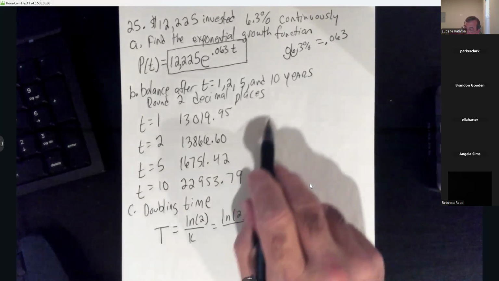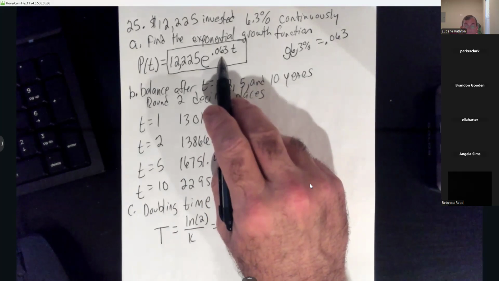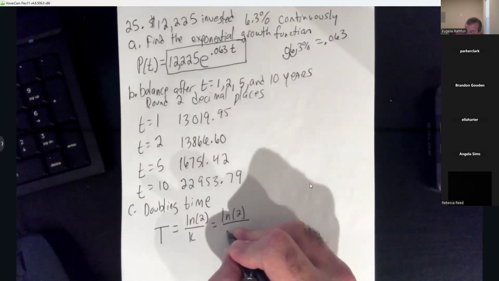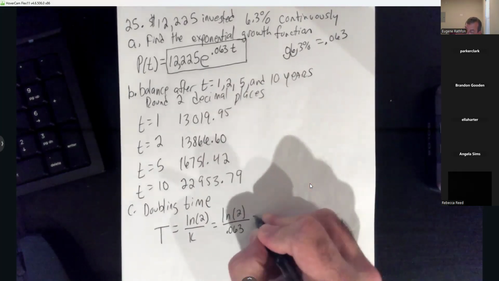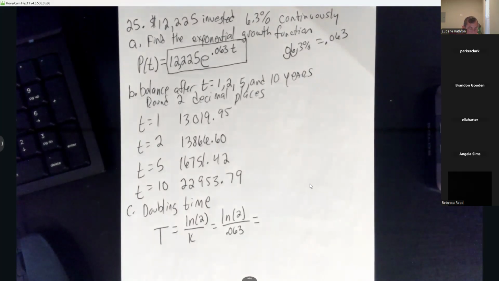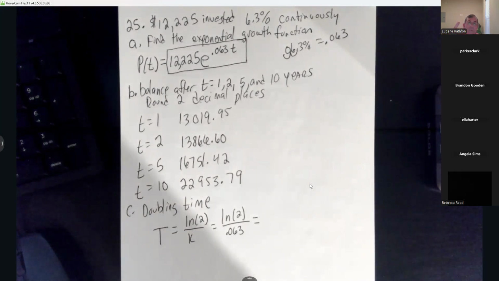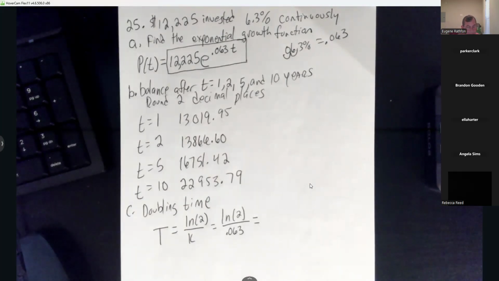What was my k? My k was 0.063. All right, y'all, so one of y'all punch that in for me real quick and see what y'all get for the doubling time. And that we're going to round to 1 decimal place.